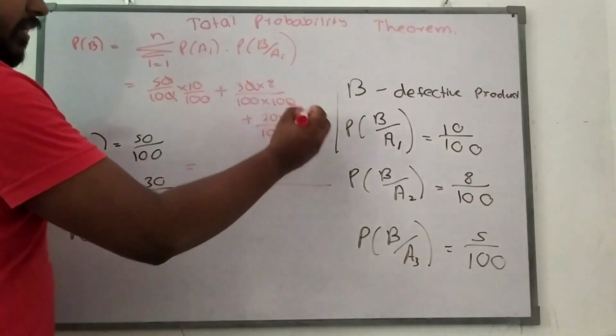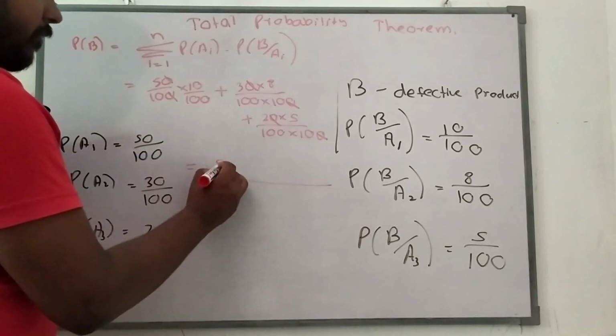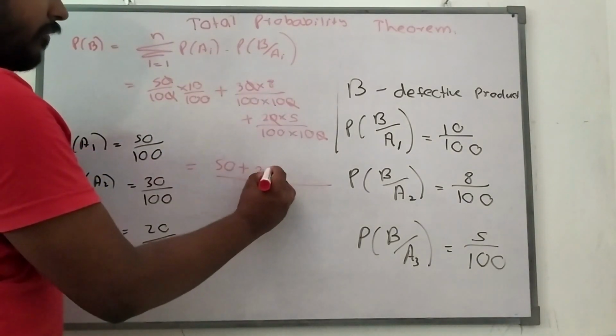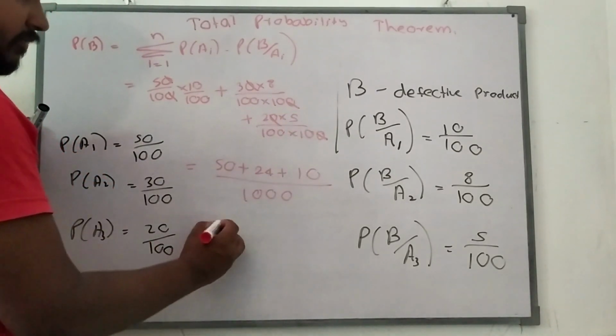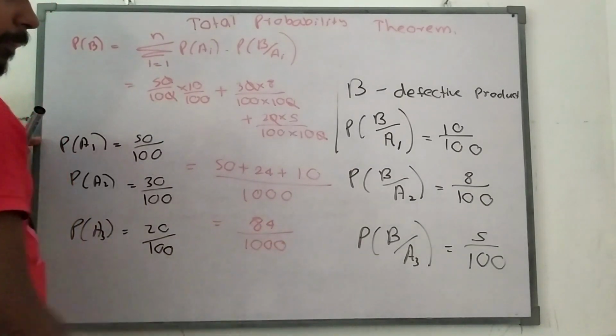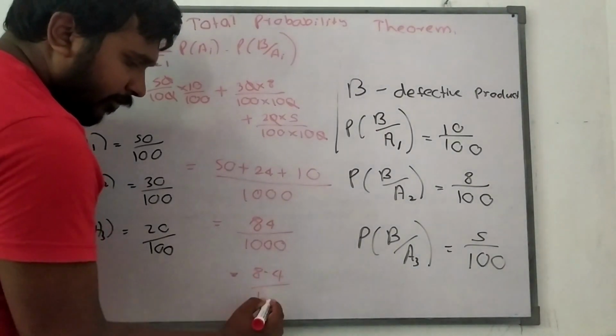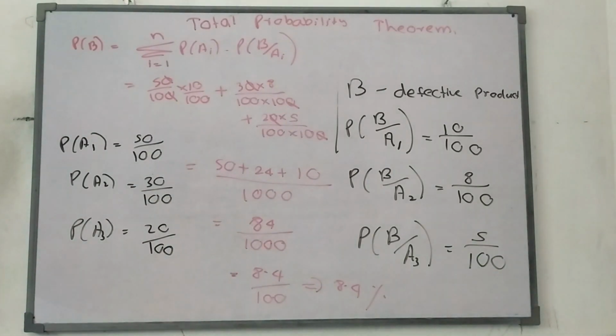Some zeros are cancelled: 50 plus 24 plus 10 over 10,000, so 84 out of 1000, then 8.4 out of 100. 8.4 percent of the products produced by all these machines are defective.